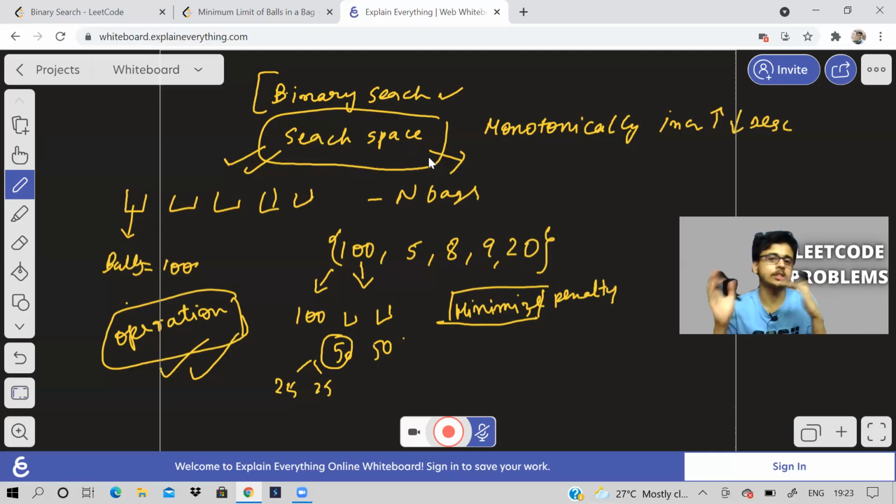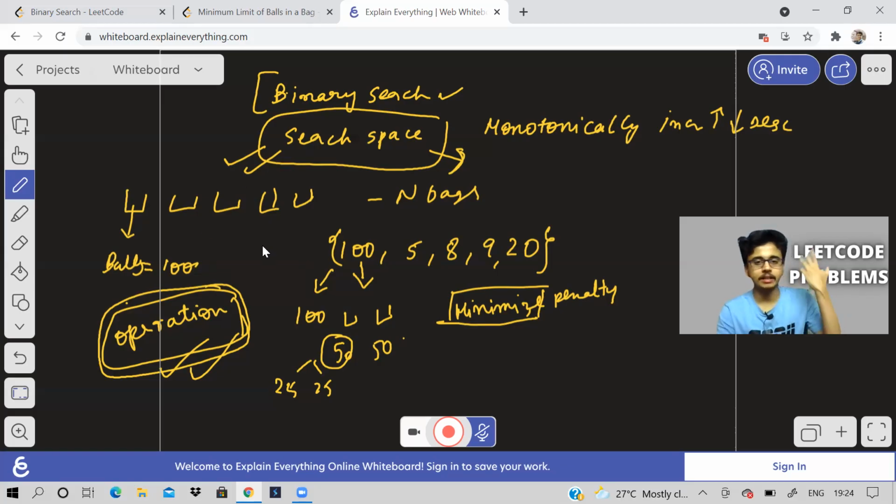So our thought process should be focusing on the maximum number of balls we can keep in a bag in such a way that after dividing the bags into some more bags, the number of operations taken will not exceed our max operations. So I'll repeat that. Our search space will be the number of balls in a bag.